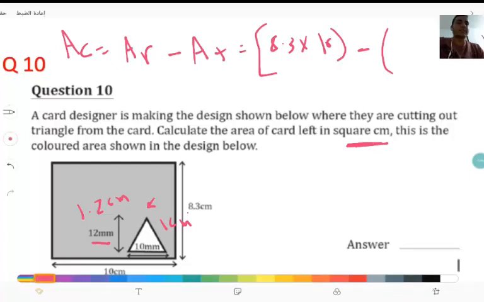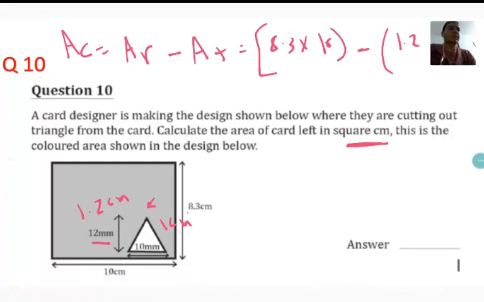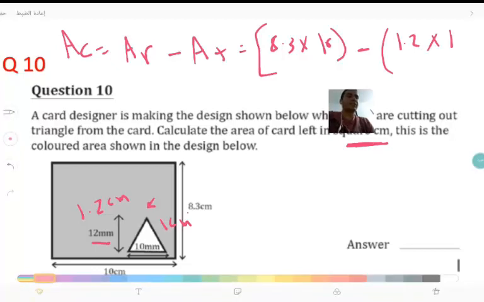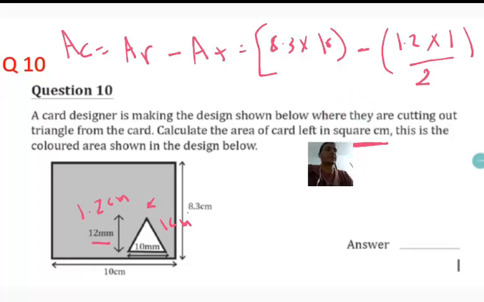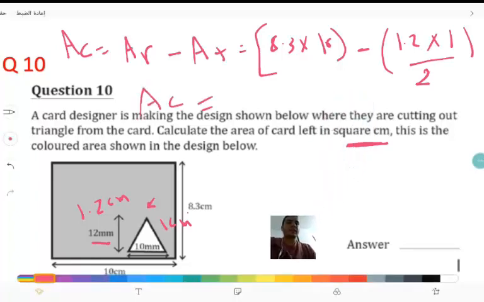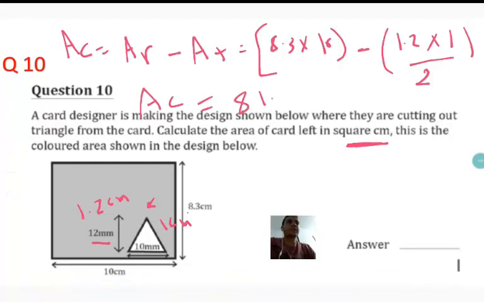Here the height is 1.2 centimeter, multiplied by the base, which is 1 centimeter, divided by 2. So finally A card equals 81.8 centimeter squared. That's it.